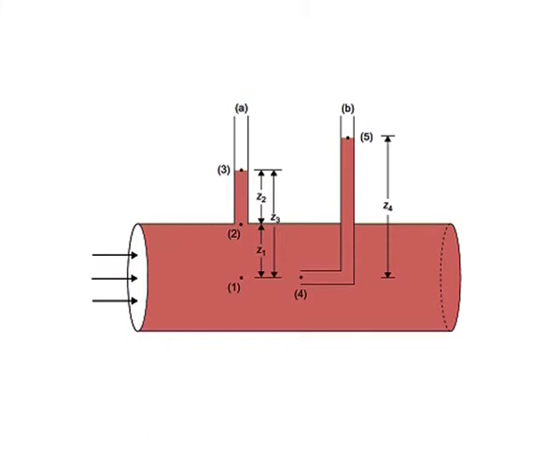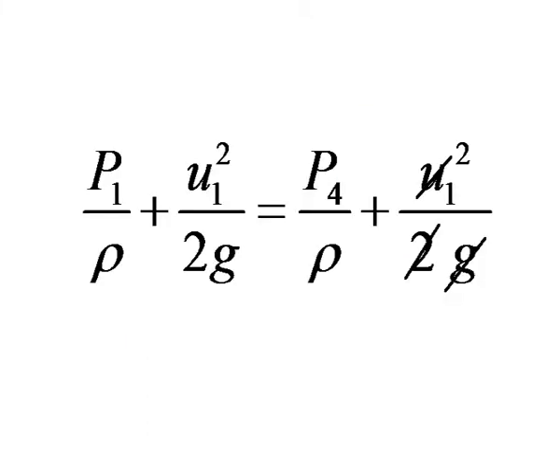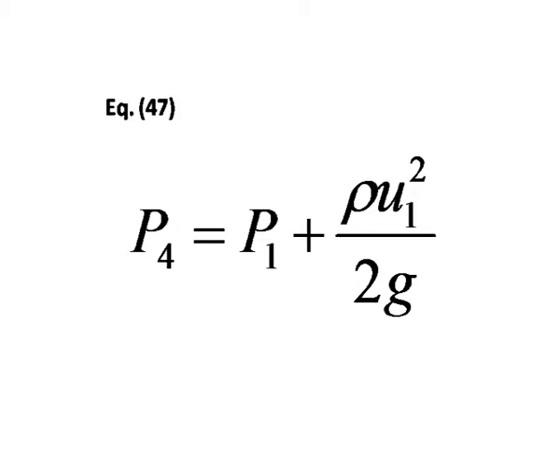Applying Bernoulli's equation to locations 1 and 4, assuming they are at the same elevation, we have P1 by rho plus U1 square by 2g is equal to P4 by rho. Therefore, the stagnation pressure P4 is equal to P1 plus rho U1 square by 2g.